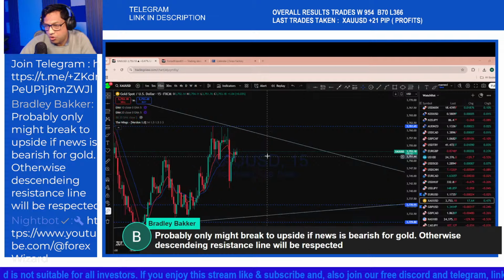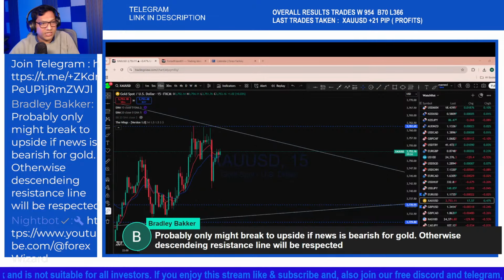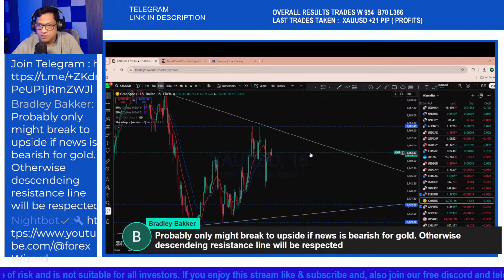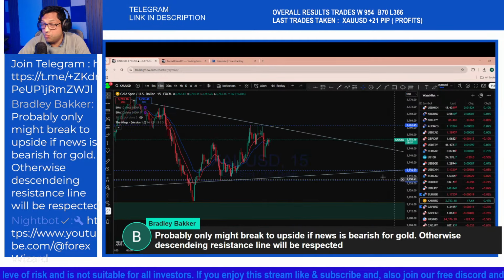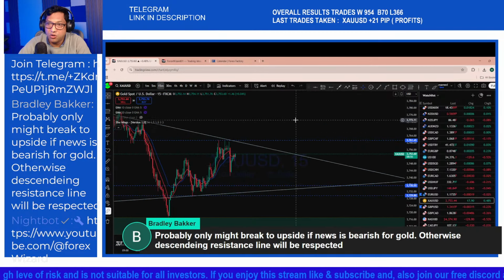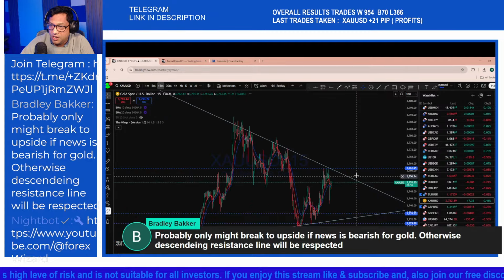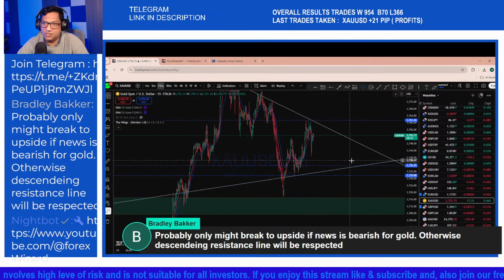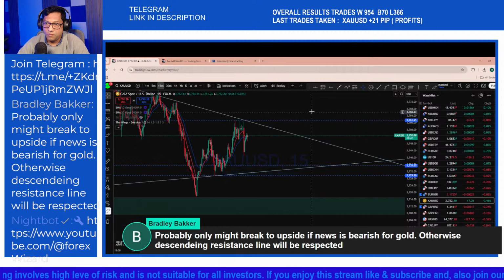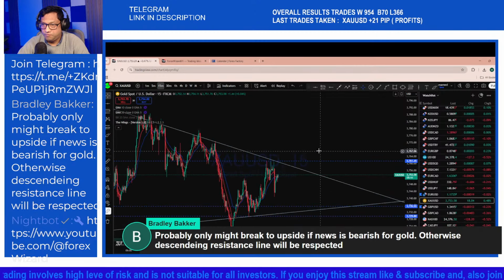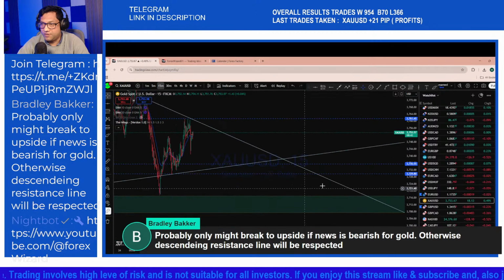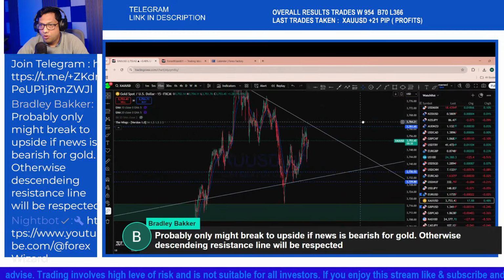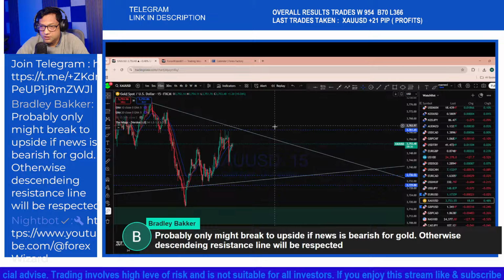Otherwise, resistance. Okay, so what we see guys here on gold is, this is the daily low, right? And what I think is the market may not be able to create a new higher high. Instead, what we could see is the market potentially rejecting from a higher price to the daily low, or rejecting from this daily low to the high.